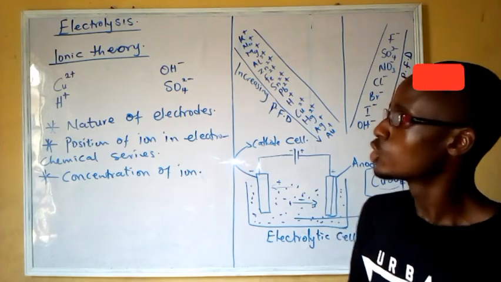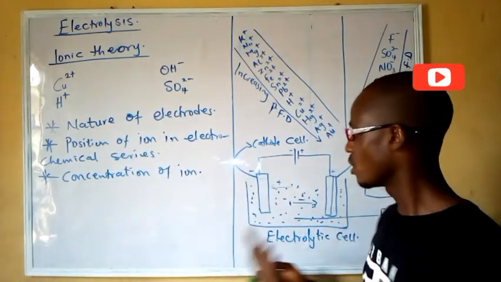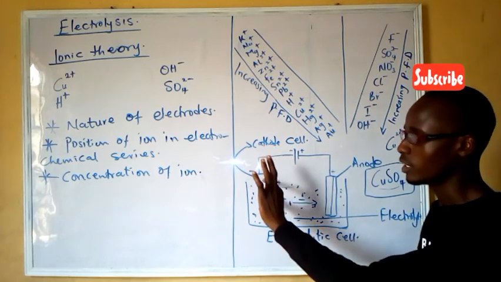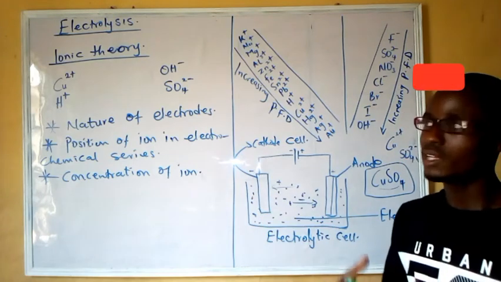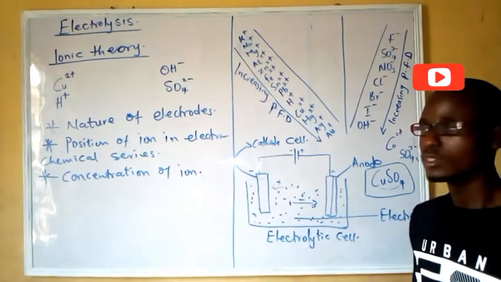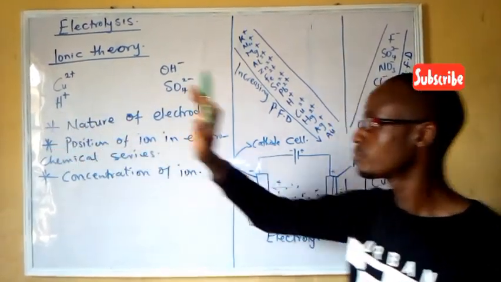So nature of electrode in this electrolysis explains that if the type of electrode I'm using is naturally reactive or has affinity for one of those ions, take for instance, I'm using Cu2+ and H+ as an example.